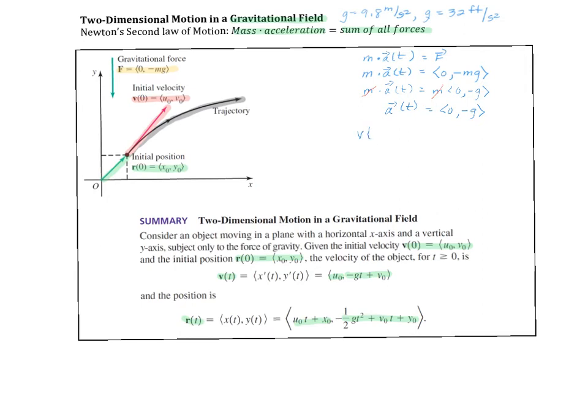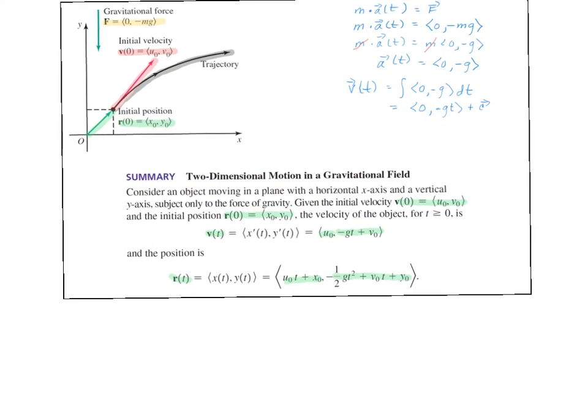which means the velocity vector is going to be equal to the integral of 0, negative gravity, and that's going to be equal to 0 times t, so 0, negative g times t plus our constant vector, and our initial velocity v of 0 is u sub 0, v sub 0, so I can replace this constant with u sub 0, v sub 0.